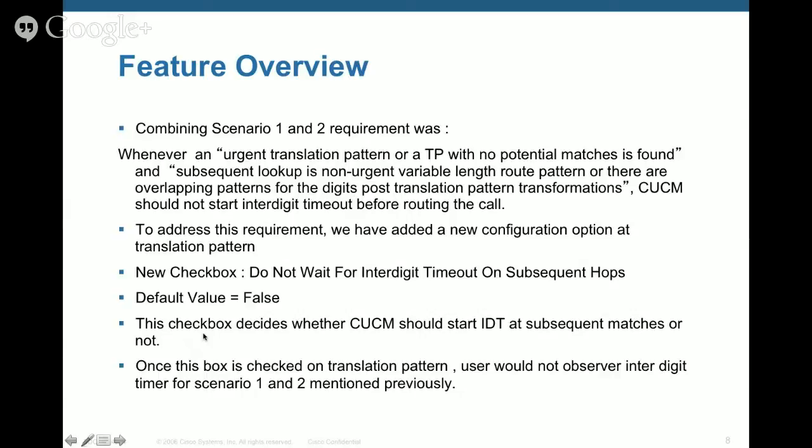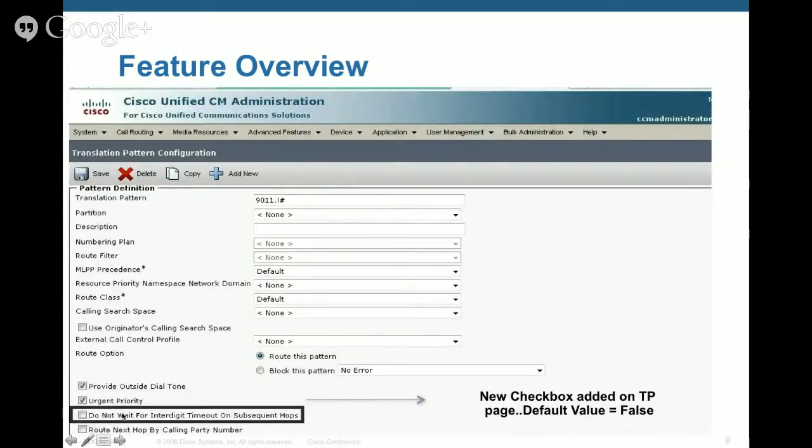Once you check this box, the user will not observe IDT in the subsequent matches when the call manager routing decision happens. This parameter, which is a bit long, got included in the translation pattern page: do not wait for interdigit timeout on subsequent hops. As I said before, the default value is false.